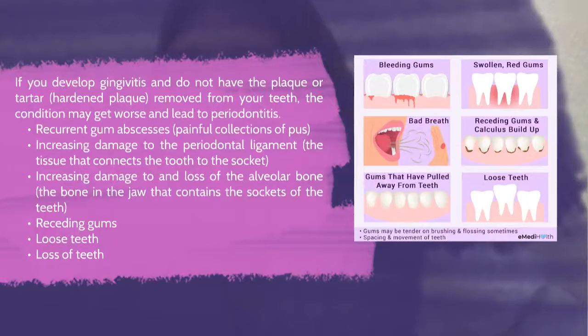If you develop gingivitis and do not have the plaque or tartar, hardened plaque, removed from your teeth, the condition may get worse and lead to periodontitis, recurrent gum abscesses, painful collections of pus, increasing damage to the periodontal ligament, the tissue that connects the tooth to the socket, increasing damage to and loss of the alveolar bone, the bone in the jaw that contains the sockets of the teeth, receding gums, loose teeth, and loss of teeth.